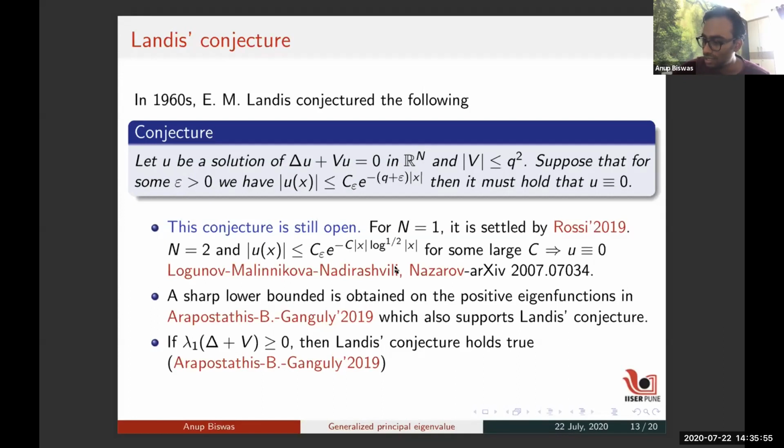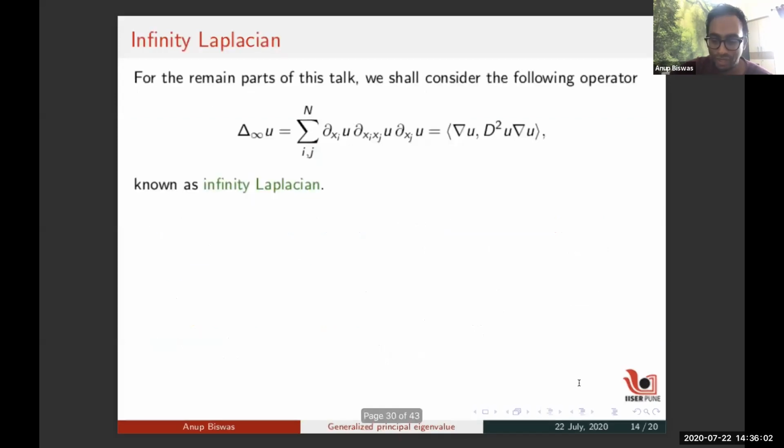Okay, so this is on the operator L. I still have like 10 minutes or so. Let me get into some other kind of question. So far I have spoken a lot about the principal eigenvalue of linear degenerate elliptic operators, whatever the L I had.